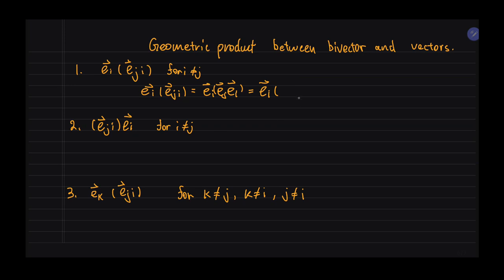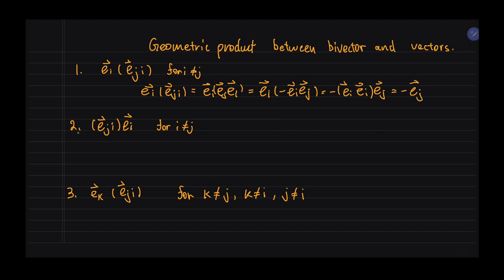So what we can do is minus e_i e_i e_j, and then we can put this minus sign in front because they are associative. So it equally means we calculate the first two vectors, then e_j. Since these two are equal to 1, it is equal to minus e_j.